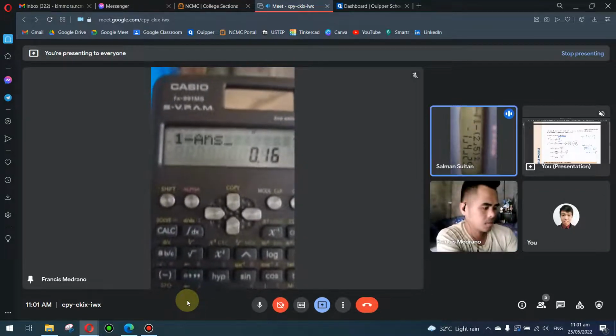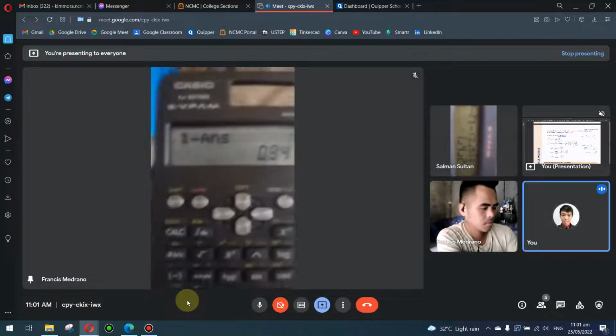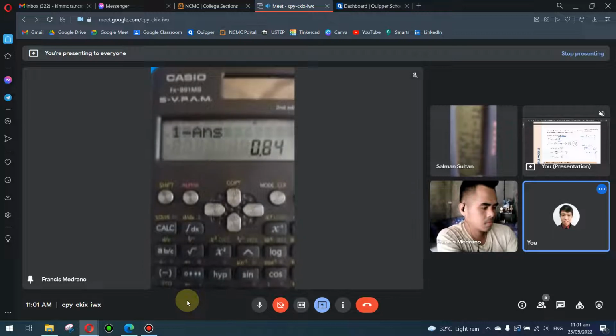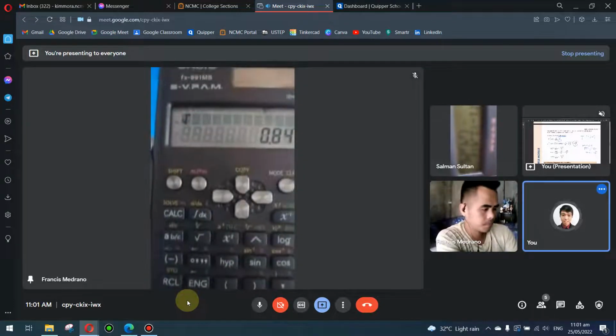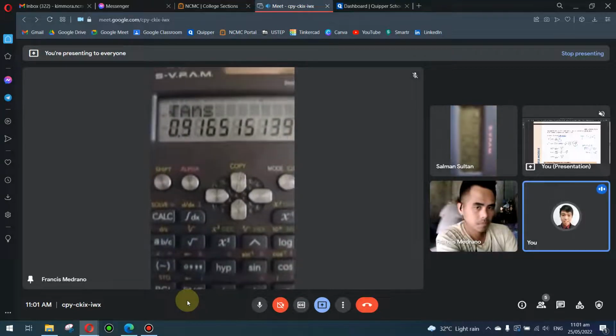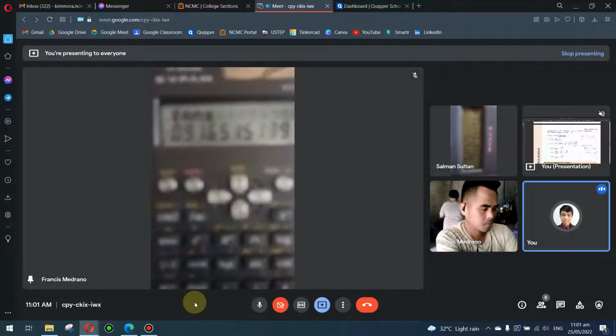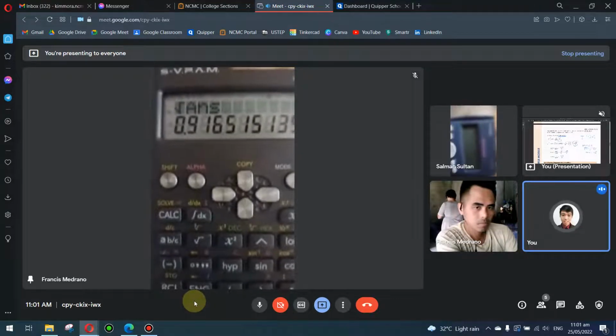Equals. Then square root of the answer. Then negative 1 times the answer, or just a negative answer. Negative, then the answer.